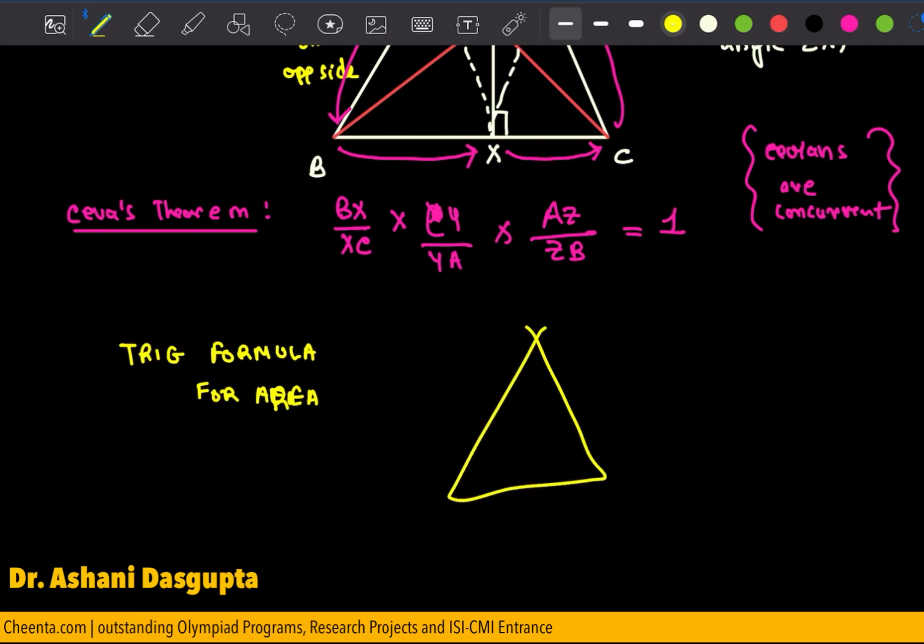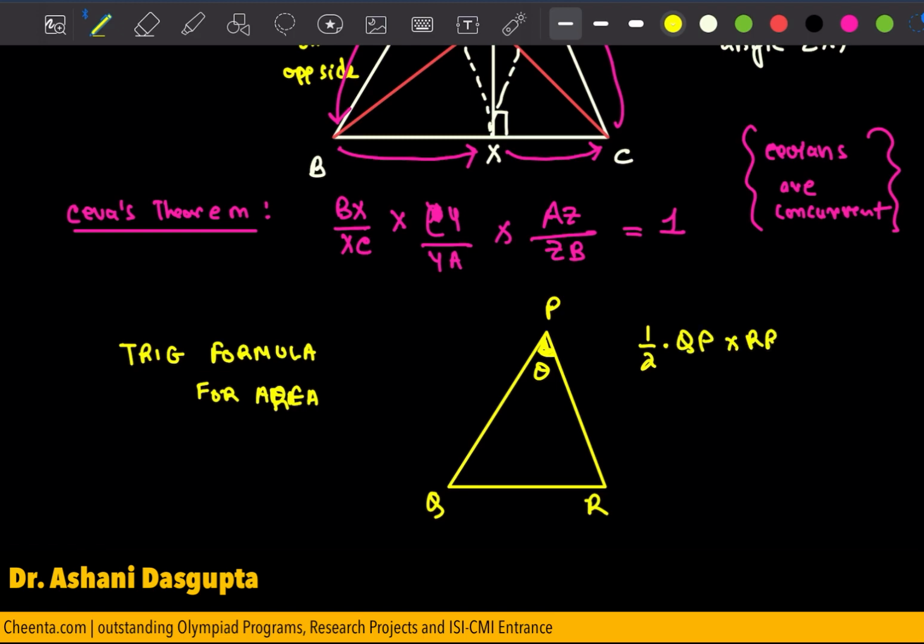If you have a triangle PQR, and the angle between QP and RP is theta, then the area of this triangle is half times QP times RP times sine of the angle theta.